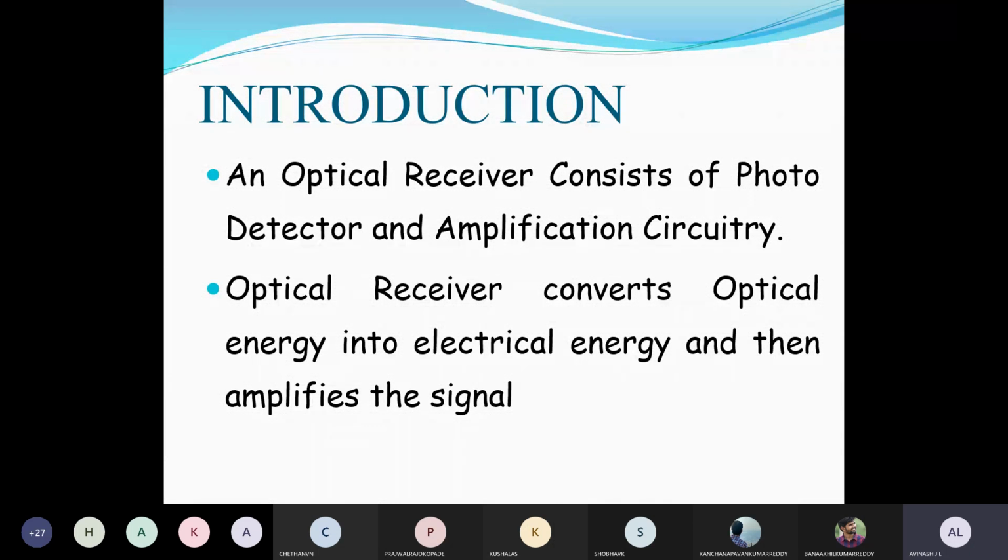Second thing, when we are talking about an optical receiver, it converts optical energy into electrical energy.